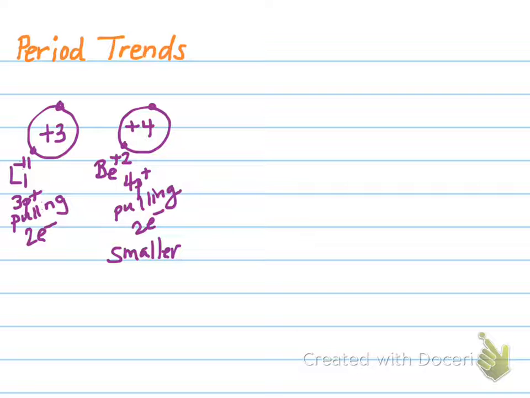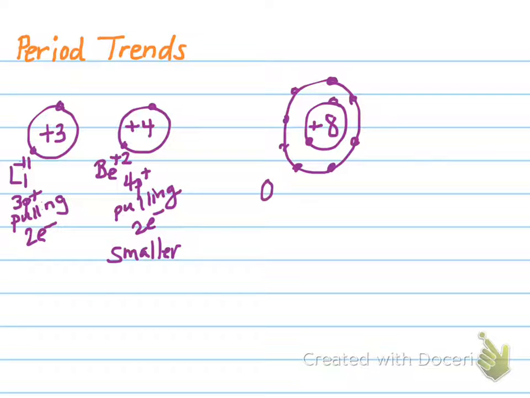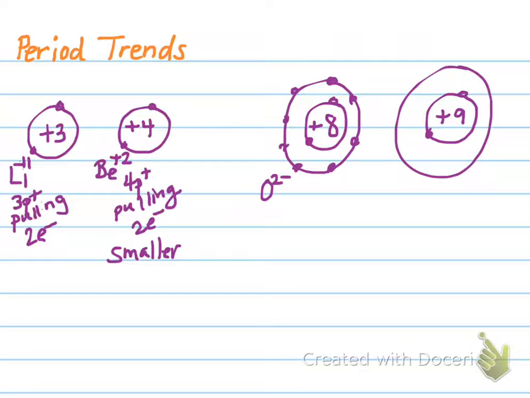If I look at oxygen plus 8, when it forms an ion, it's going to have 8 electrons out here, so 5, 6, 7, 8. So this is the oxygen ion compared to the fluorine ion. The oxygen ion has 8 protons pulling 10 electrons total because that second energy level is completely full.